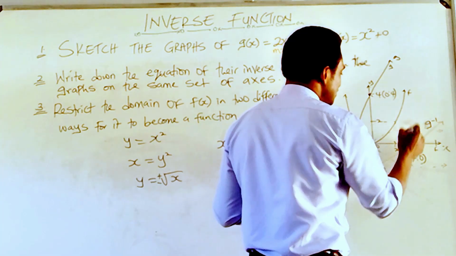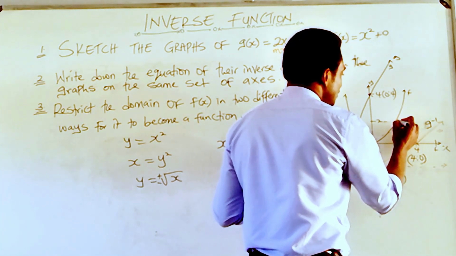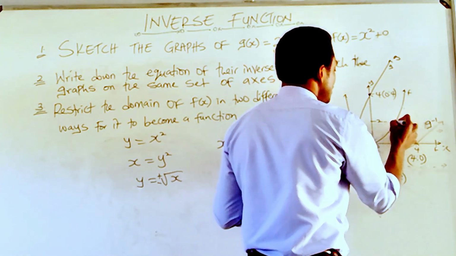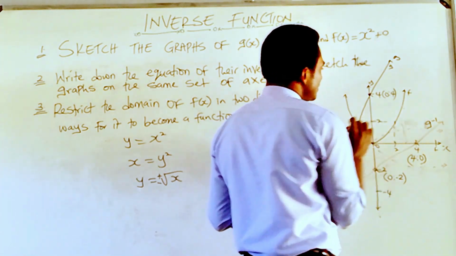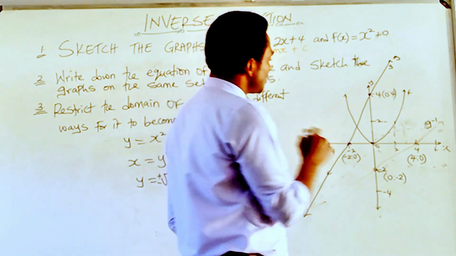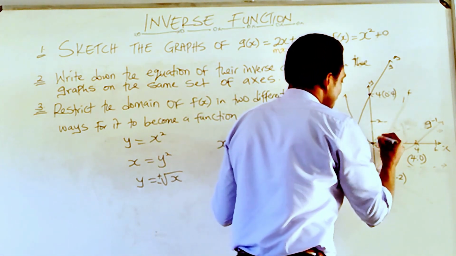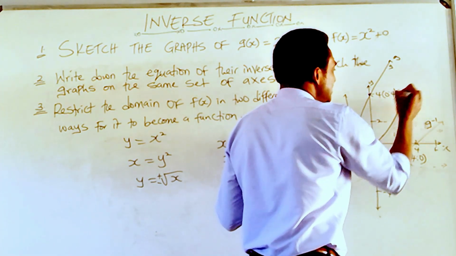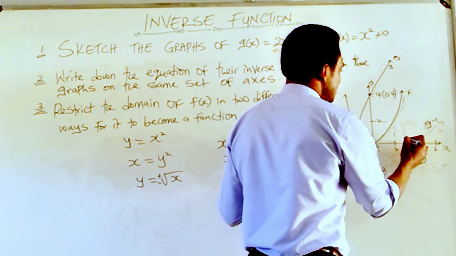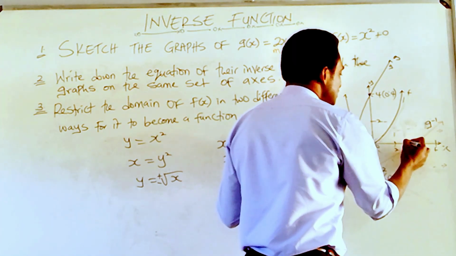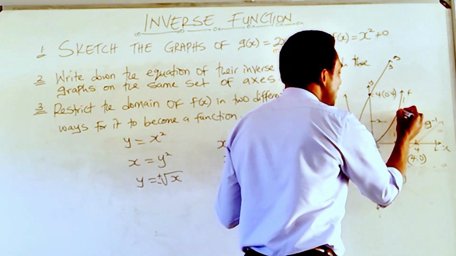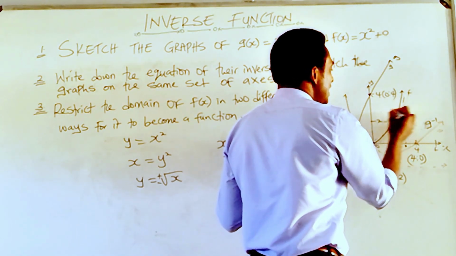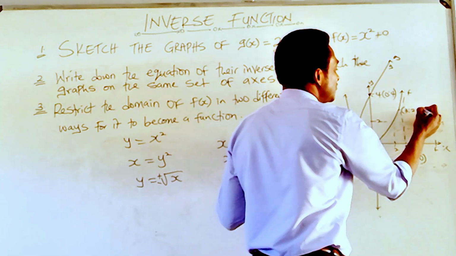Let's be more practical. Sorry, I want to adjust this because 2 and 2 will not give me exactly what I want. Let's say I get 3 as a coordinate here, and I get something like 2.5 here.